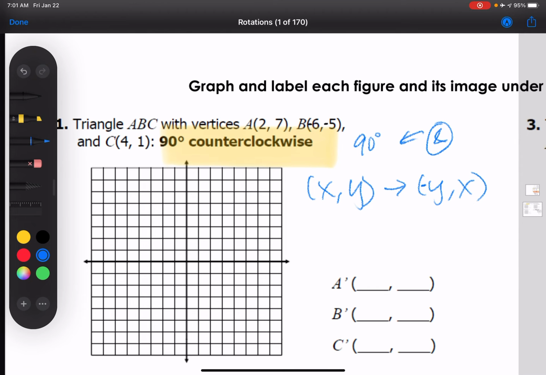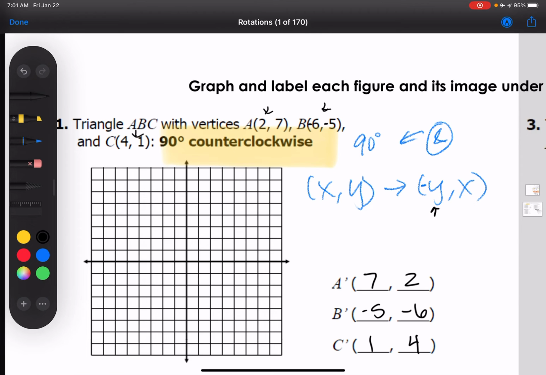So the one on the left is going to swap the sign. So let's set it up. And the way that I do it is I take these points right here and I swap them when I'm writing them in. So I've got 2, 7, they've swapped. -6, -5, swapped. 4, 1, swapped.